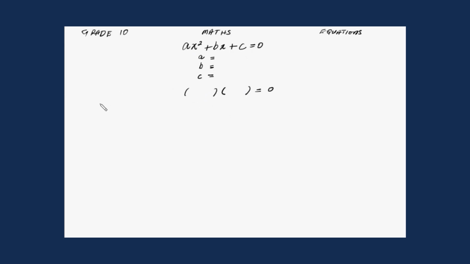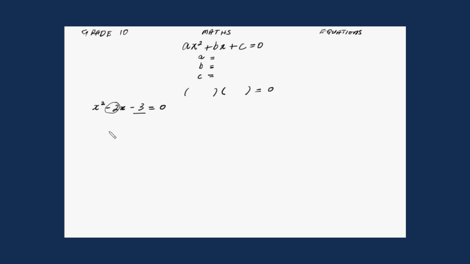Let's take, for instance, let's say you have x squared minus 2x minus 3 is equal to 0. Okay. What we have to do is to look at the factors of this minus 3, and we are going to take a pair whose sum is minus 2, this one.